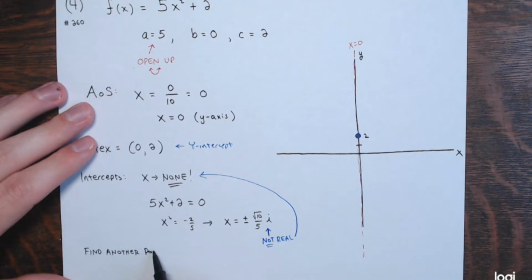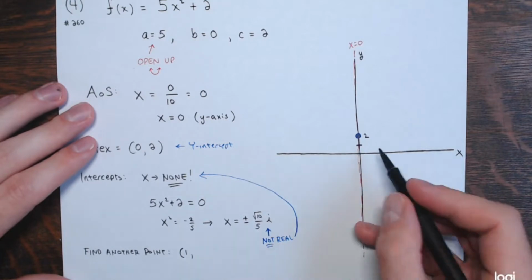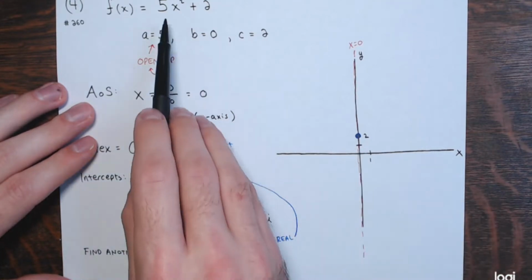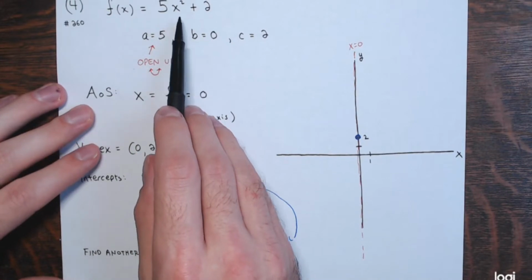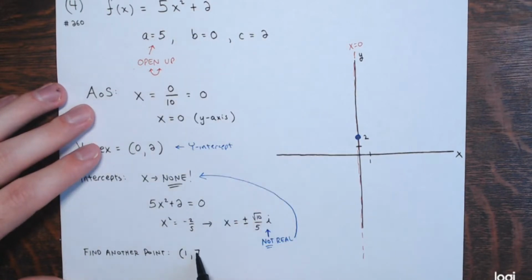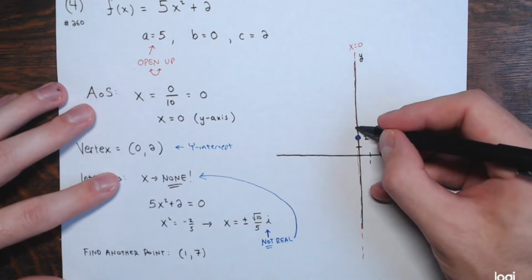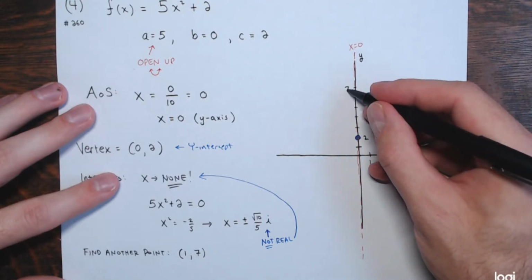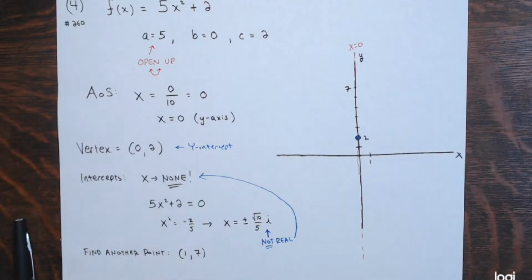So how about if I plug in 1? Plug in something off of the axis of symmetry. Plug in x equals 1. You get 5 times 1 plus 2, that's 7.